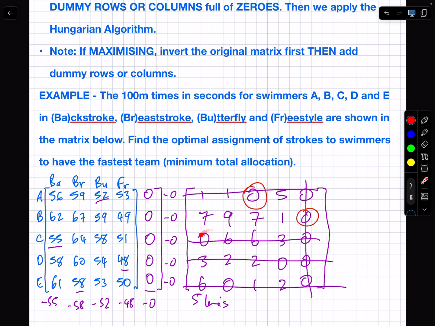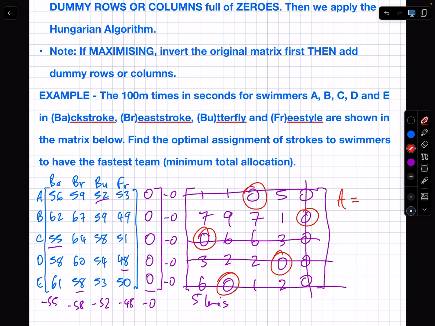Alone in its column. Yeah. Alone in its row, alone in its column. Leave it alone. Next one. Alone in its row. Alone in its column. Yes. Last one is process of elimination. What's the only column that hasn't been selected? That one there. So what does that translate to in the context of the question?